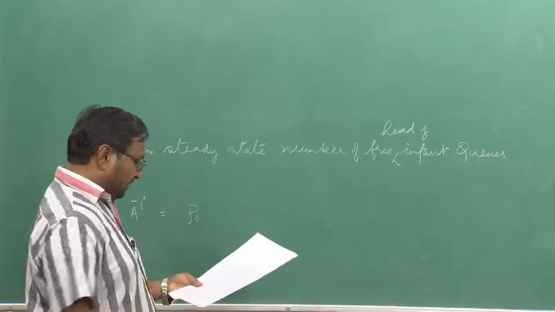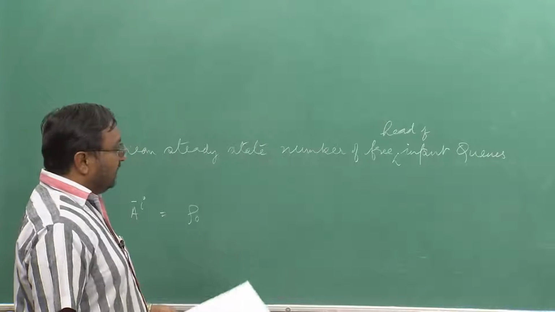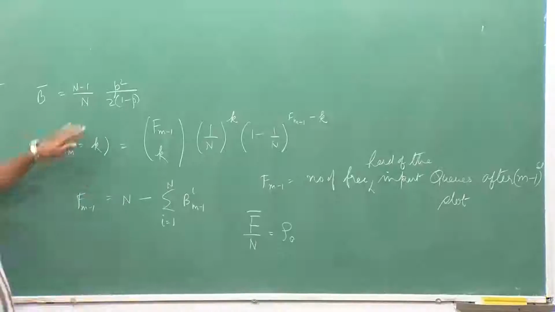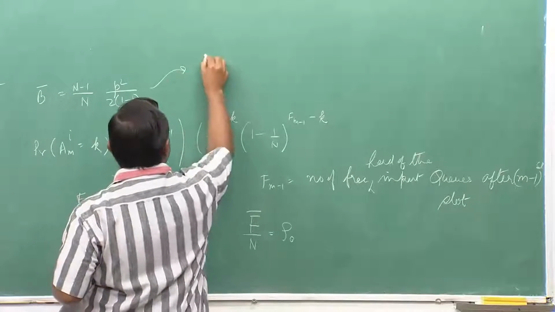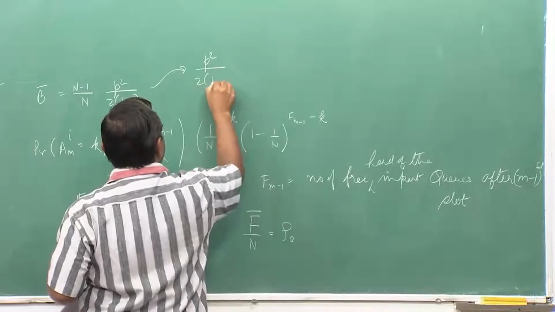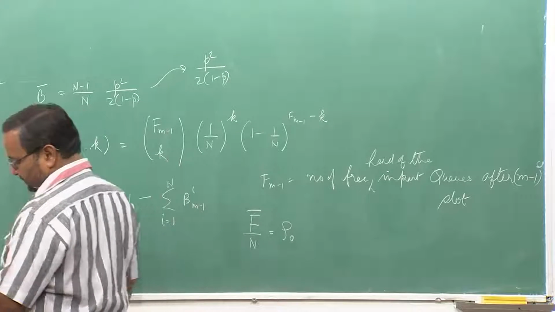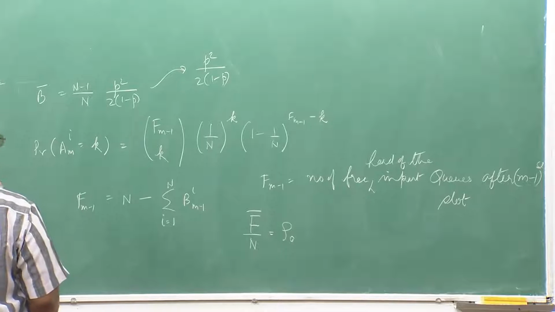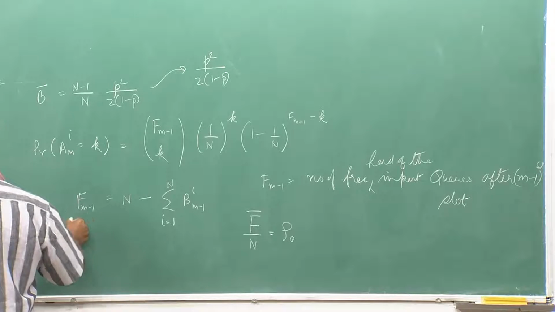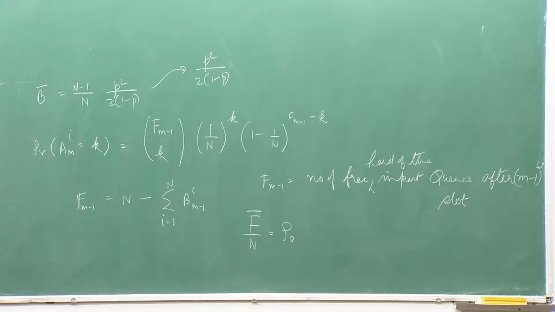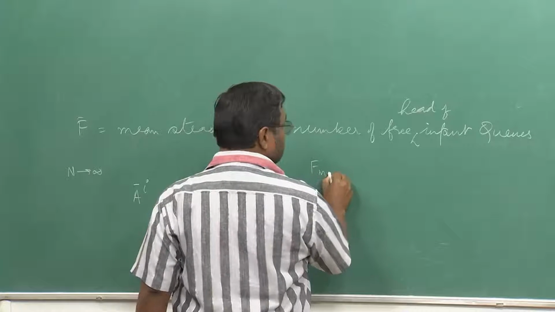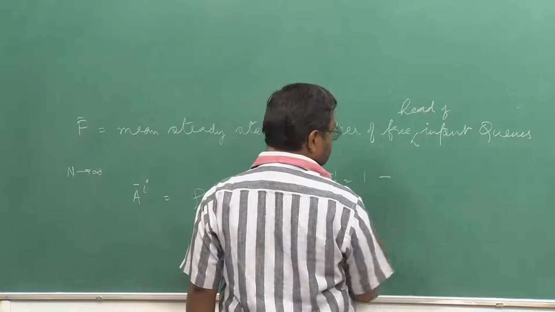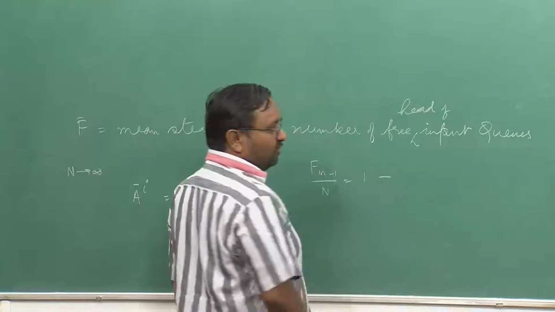So once this is happening, and when in the limit I am also taking n goes to infinity, this term will now get converted to p square by 2 minus 1 over p. And of course interestingly I can also use this expression and get F minus 1 by n, 1 minus this summation which I am doing for n.